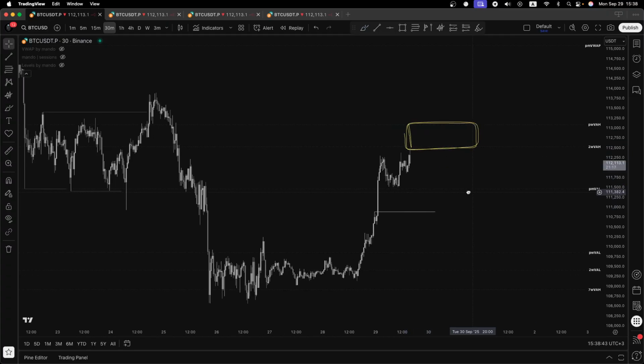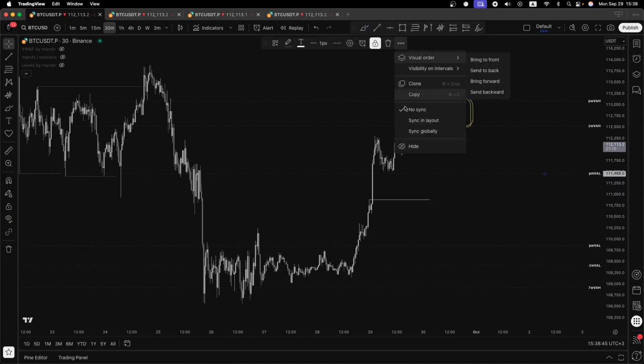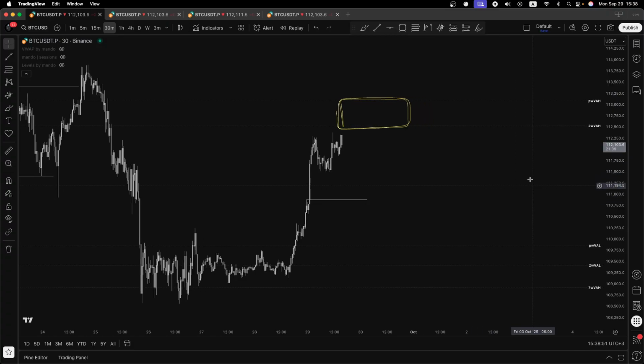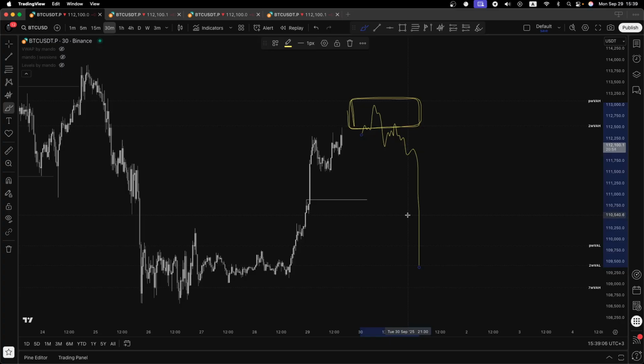I haven't brought up the new monthly and the new quarterly value, so these levels will be pretty interesting as well, but we do have the 2-week composite and the previous week value to play around. So rejections into here is a huge trigger for rotation lower.